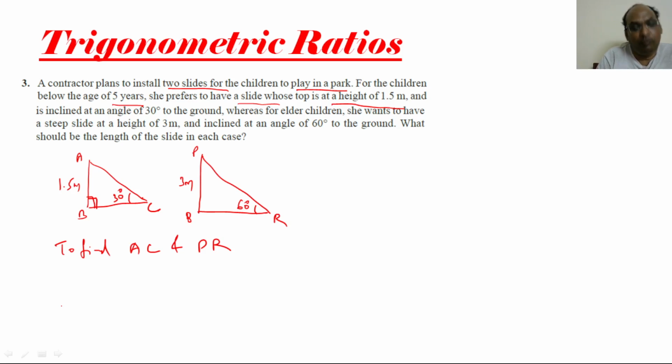So AC if we want to find, we will use sine in triangle ABC: sine 30 degree, or we will write as AB by AC is equal to sine 30 degree.